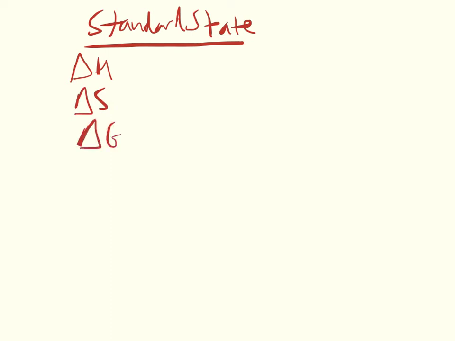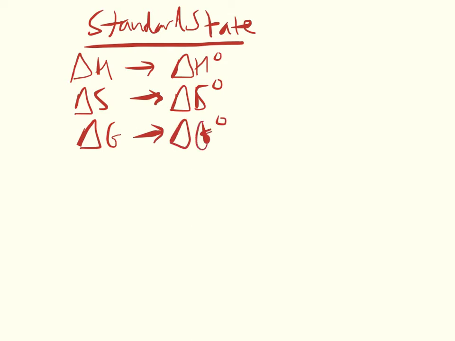Now this is not written in its standard state. The standard state enthalpy would be written as delta H naught, delta S naught, and delta G naught. Okay? This might seem like a very small difference, but this little symbol here signifies something very important. It signifies that all the molecules and atoms and elements that we're interacting with are in the standard state.